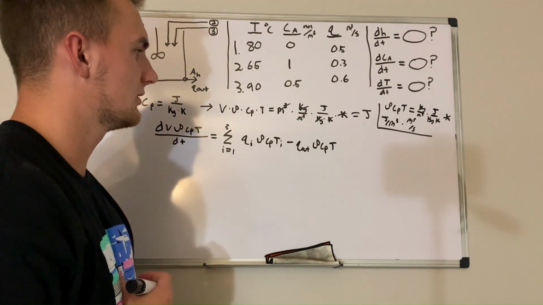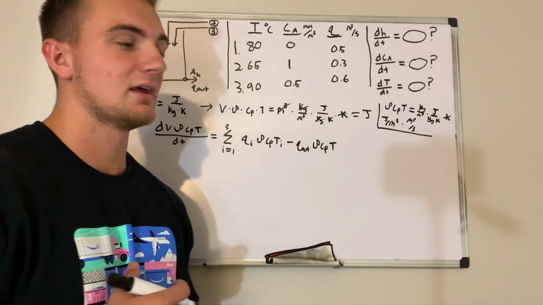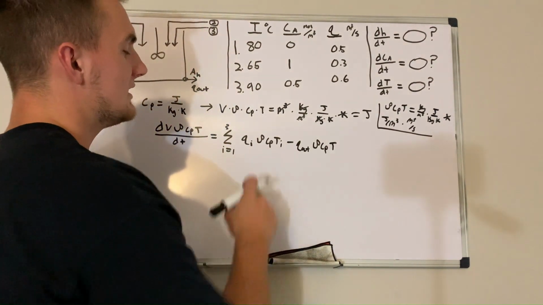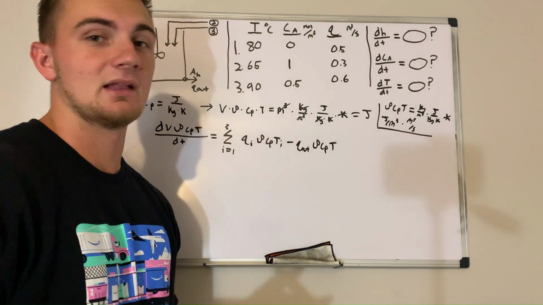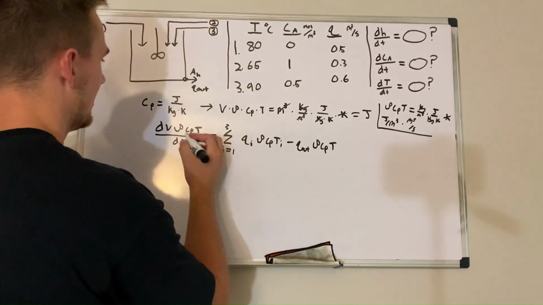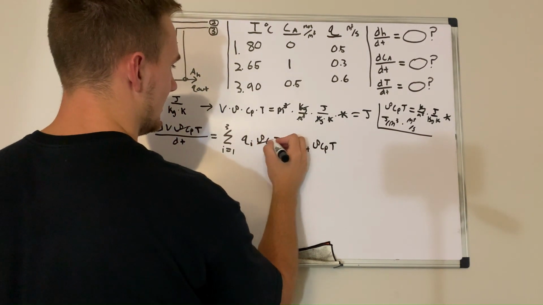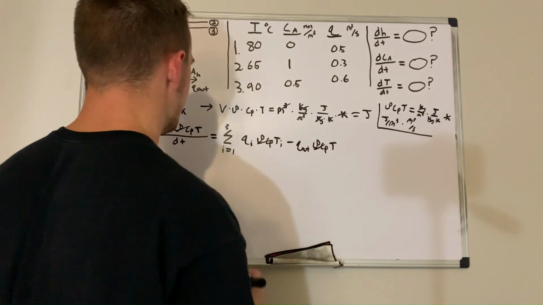Okay, so from here, we're going to say that the density and the heat capacity are just going to be constant. They're not going to change throughout this process. So we're just going to cancel out density and heat capacity from here.